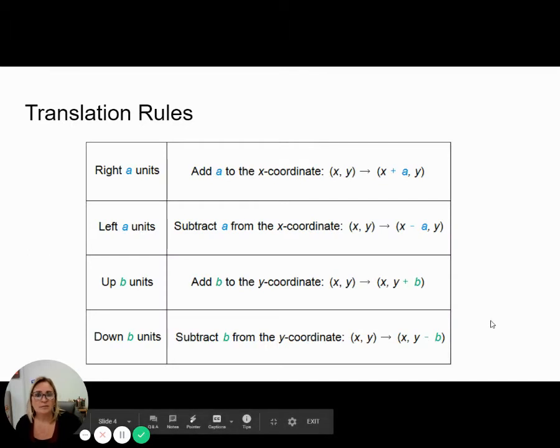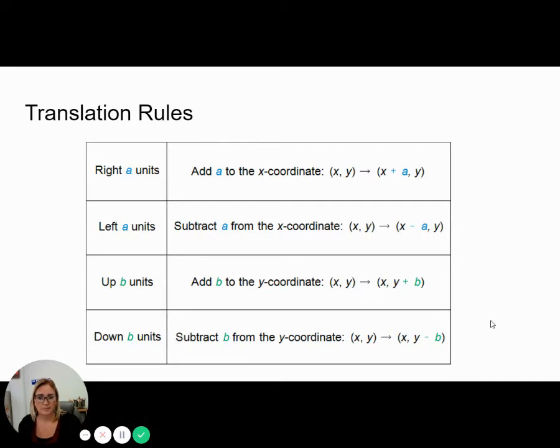Okay, but this is the main thing that you need to probably write into your notes, and this is the rules for translations. Okay, so if it is going to go right so many units, you're going to be adding it to the X value. If it's going left so many units, you're going to be subtracting it from the X value.